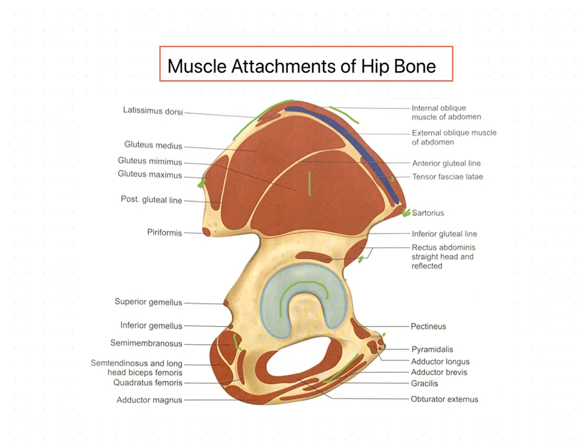On the lateral surface we also find some gluteal lines: the posterior gluteal line, the anterior gluteal line, and then the inferior gluteal line. These are the parts which we observed on the external surface of the ilium.